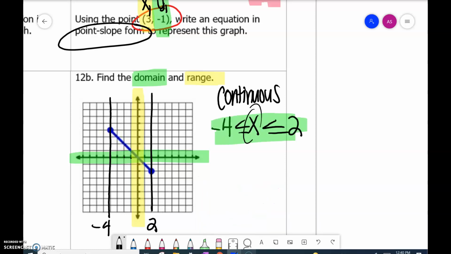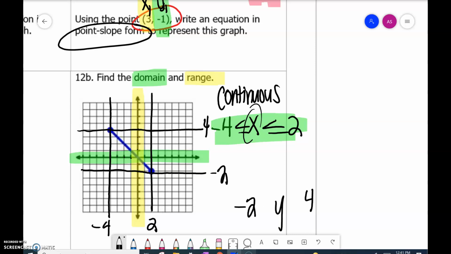And range, I'm going to go from bottom to top. So I'm starting at -2. And I'm stopping here, which is 1, 2, 3, 4. I always want to start with my lowest number. So -2 to 4. I have y in the middle this time because it's range.